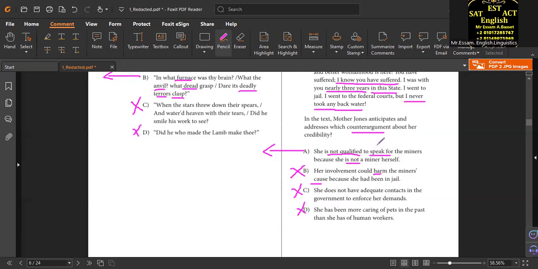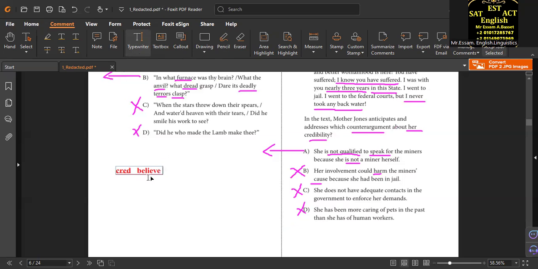And in the question, it mentioned her credibility, people believing her. So credibility, as now, has the root "cred". In Latin root, any word that has "cred" means believe. We talk about believe, so we can say credible, incredible, credulous, credibility, credit card.